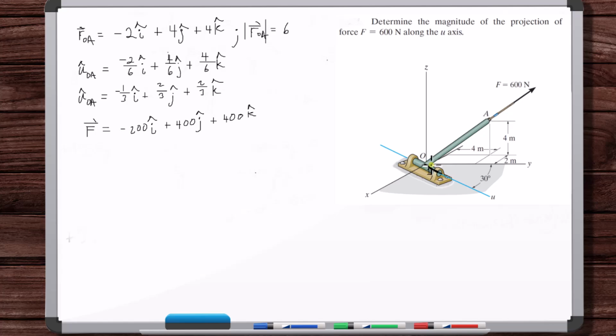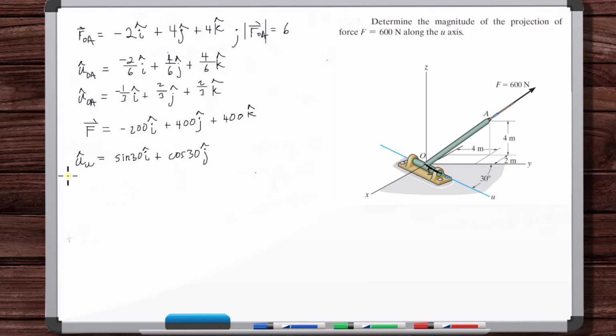This is 30 degrees, so u hat, the unit vector in the direction of u, is sine of 30 i hat plus cosine of 30 j hat. Opposite over hypotenuse is the X direction, adjacent over hypotenuse is the Y direction. And there's no component in the Z direction.